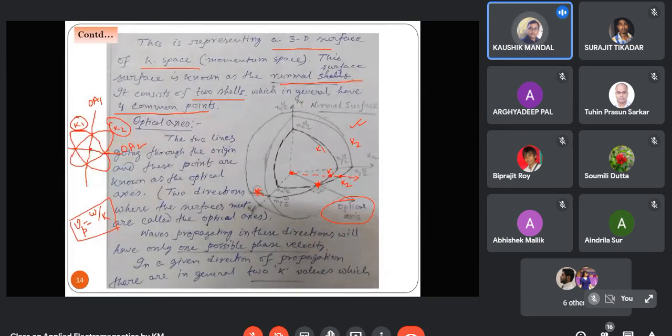Now, if you draw at least 2 lines that pass through the two crossover points and the center of the two shells, then it will represent the optical axis.